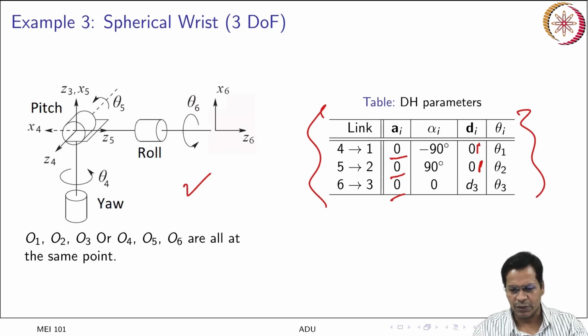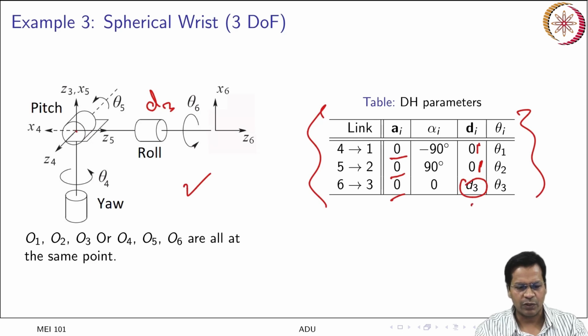The only distance that you see here is the last one, that is D3, or you call it D6, they are equivalent, for convenience. So this is D3, that is actually collocating from this point to this point. So it is just making some offset along that line. So that is your final thing.